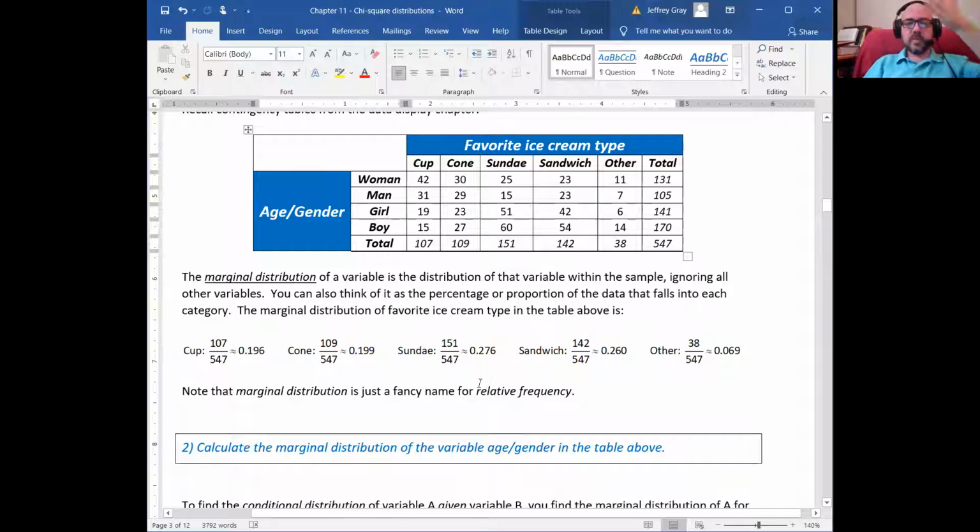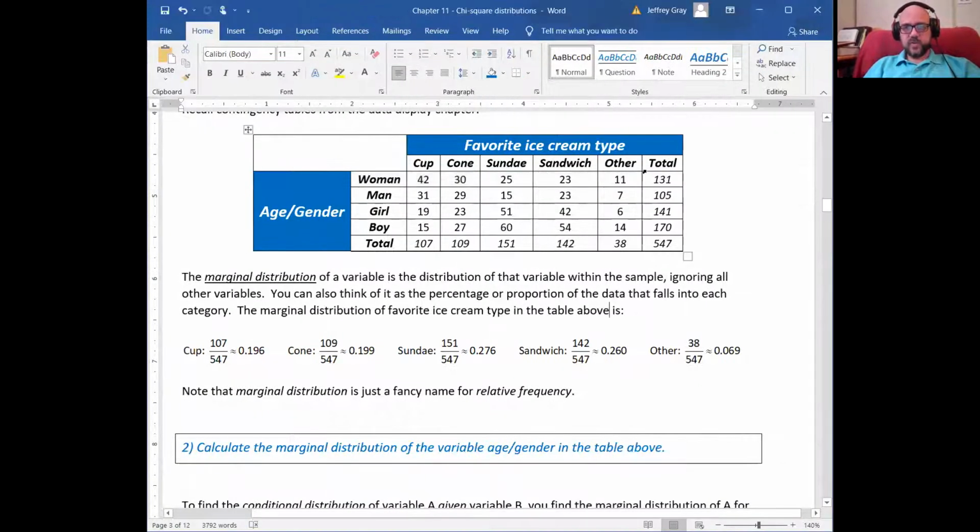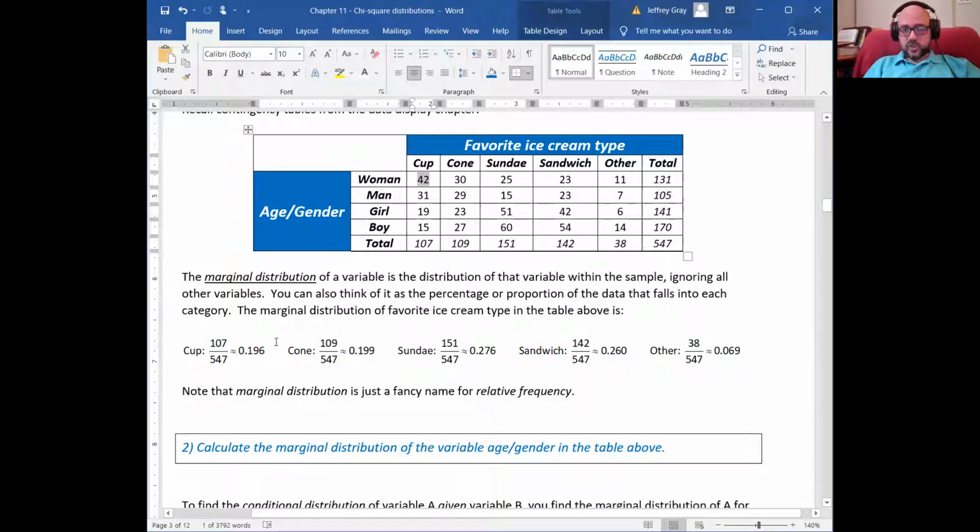Okay, so here's the idea. If it is the case that all of these strata have the same distribution of favorite ice cream type in the population, it's not true in the sample, obviously. But if it is true in the population, then the proportion I would expect to be in any one cell would be the marginal distribution, right?